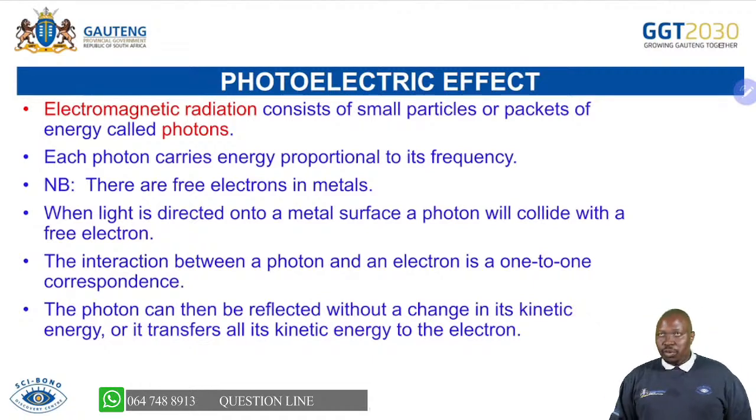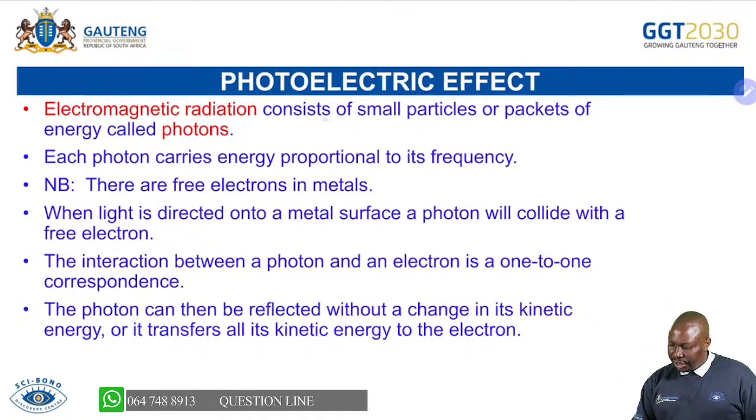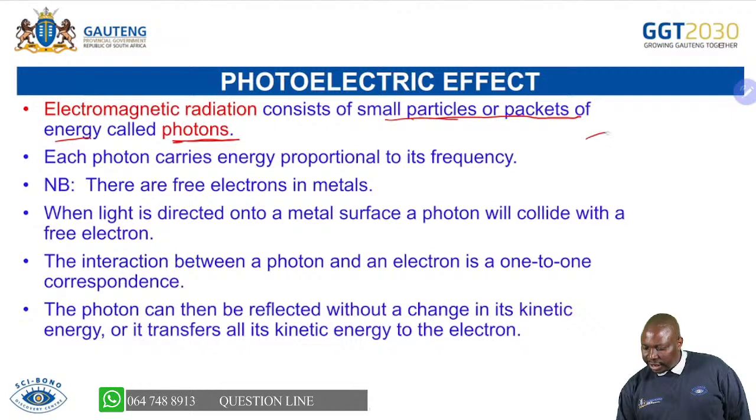So what are we saying? We are saying electromagnetic radiation consists of small particles or packets of energy that we refer to as photons. So I want you to understand that we're talking about electromagnetic radiation, which I just showed you in those many colors.